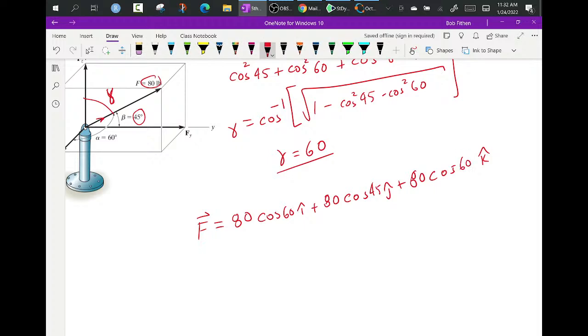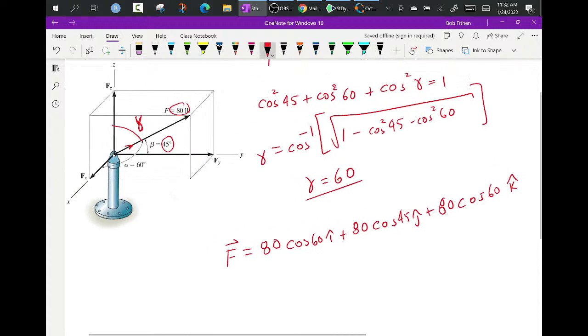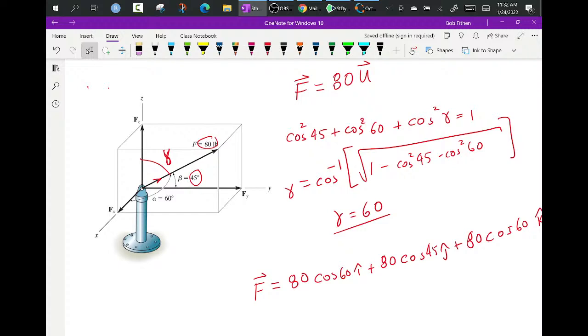Let's play around for a second before I calculate here. Let's say I were to shift this vector towards the y-axis, and say I made that 44, and this was still 60. So I'm essentially rotating this vector around this axis.